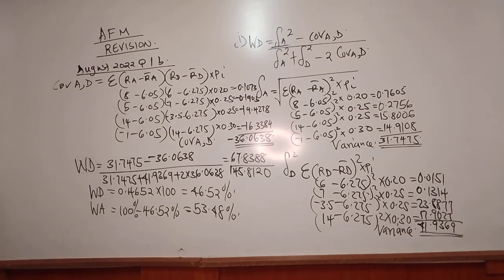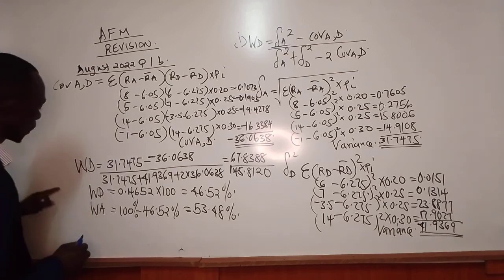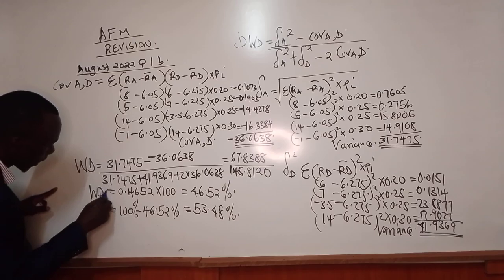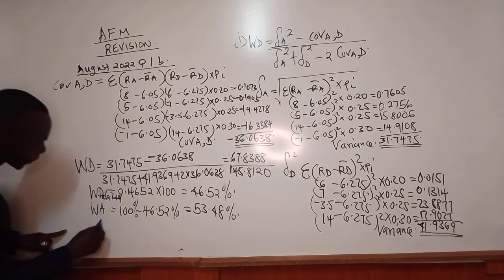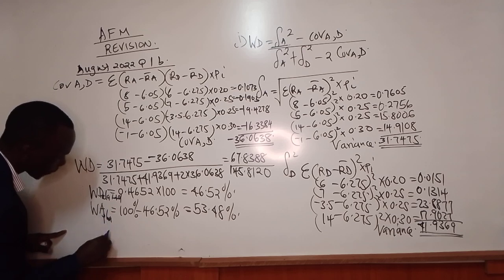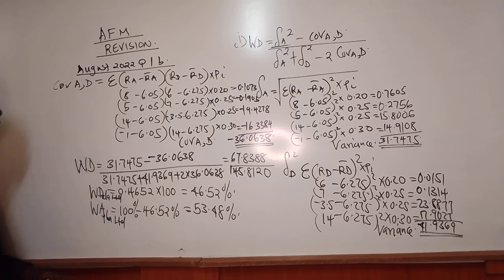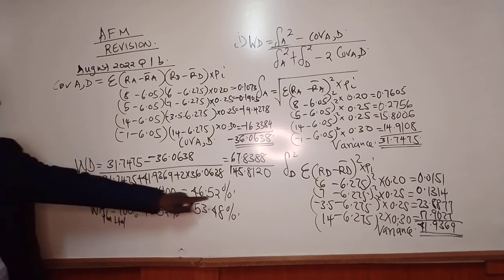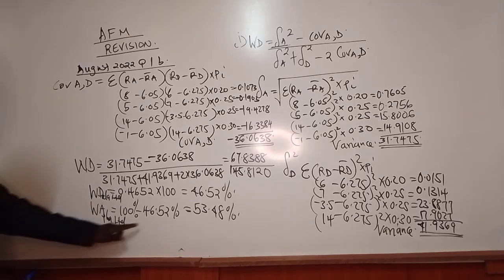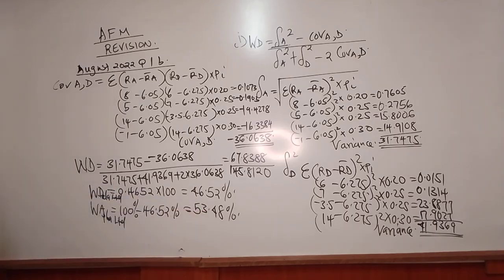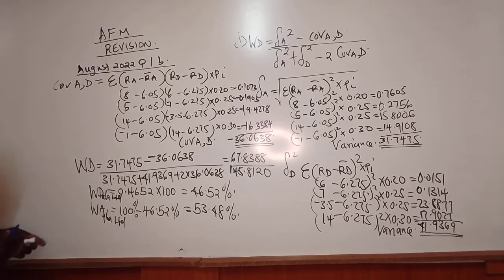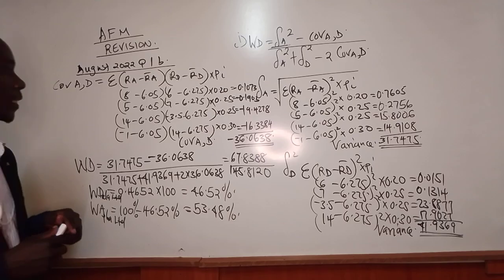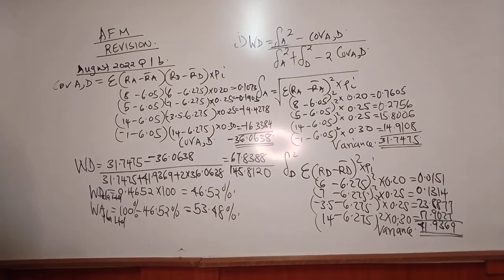Remember, we said that D represents Data Limited, and A represents Alpha Limited. So the weight of Data Limited is this one, and the weight of Alpha Limited is that one. And that was Roman 1 of this question, that is how you are supposed to compute it.